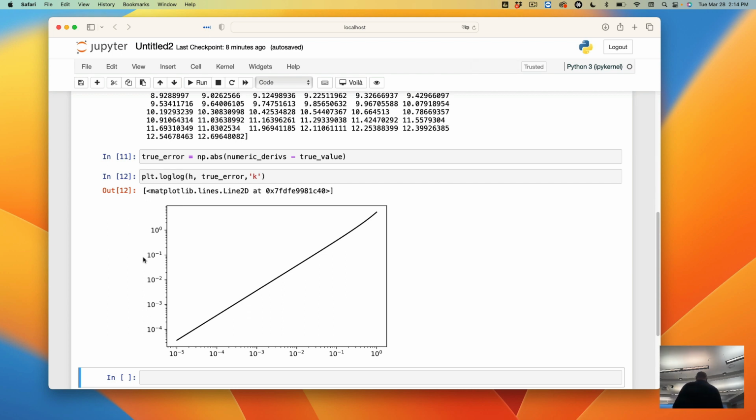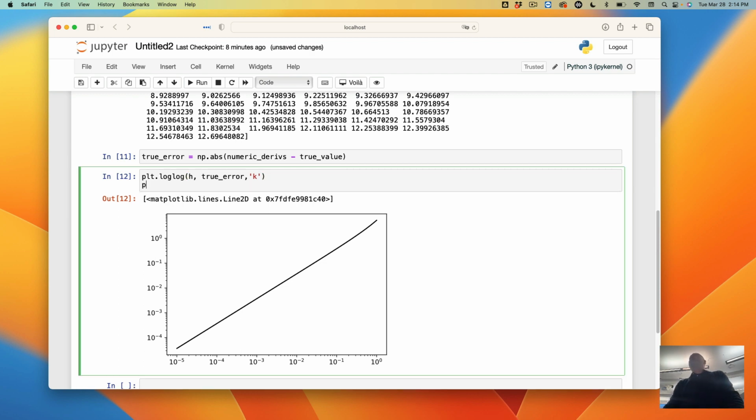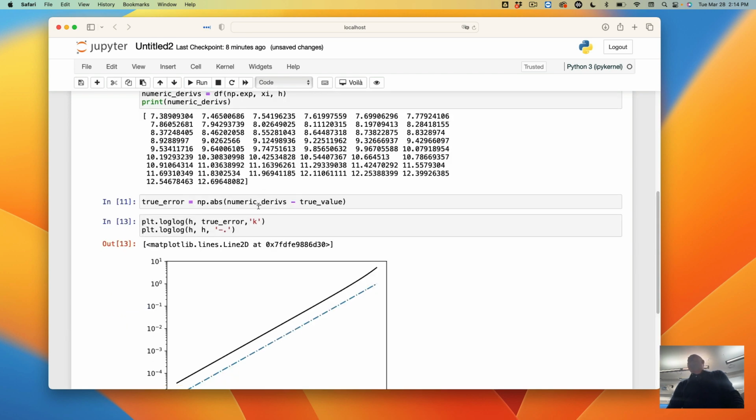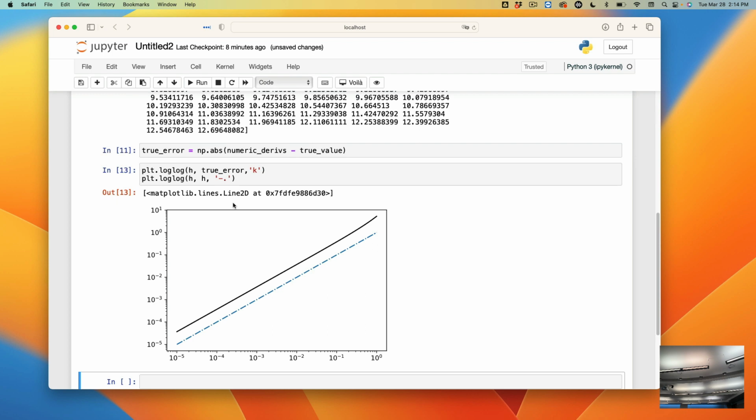You can plot a function that actually has a slope of 1. So if you plot h versus h on a log-log plot, that's going to be a straight line with a slope of 1, right? So we compare it, plt.log h versus h simply, do a dash dot. You see they're parallel to each other. Because this blue line, we know for sure it's h versus h, right?